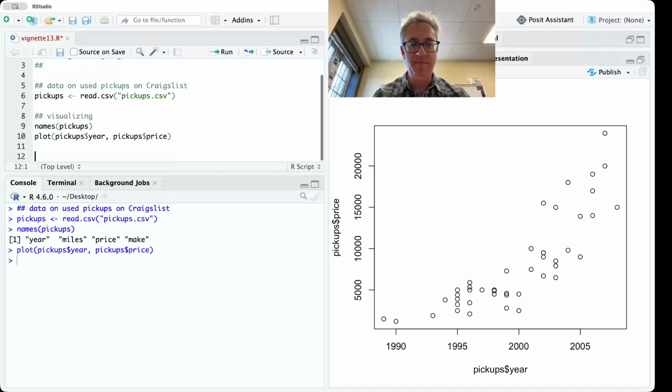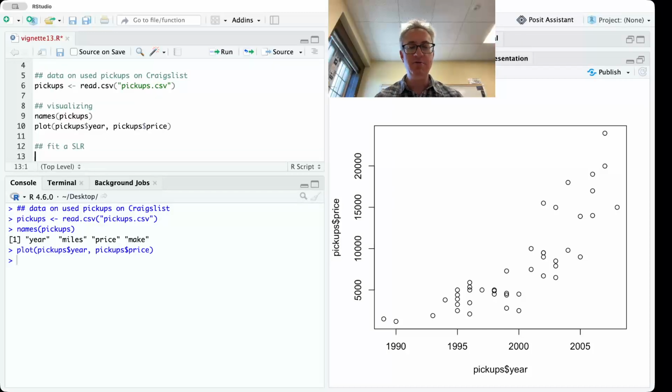I can fit a simple linear regression model. I'm not going to use the by hand stuff that we did in the vignette for chapter 7. Instead, I'm going to use the LM command in R, which is explained in the book in chapter 7.